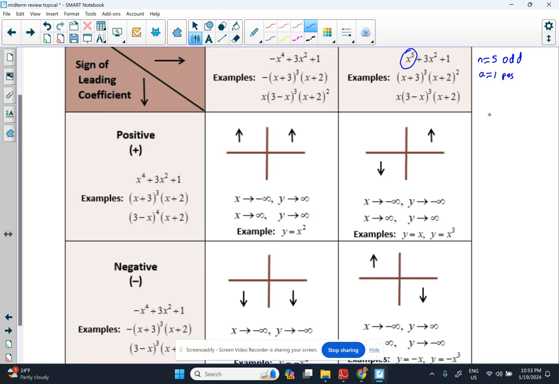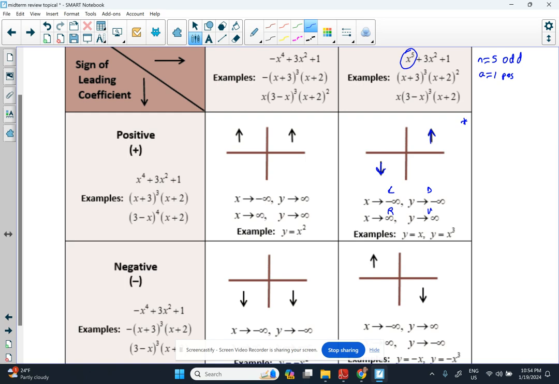So from that, we can determine that the ends of the function are going to go in opposite directions, and the right side is going to go up and the left side is going to go down. In other words, as x approaches negative infinity, as you go to the left, your y values are going down, and as you go to the right, your y values are going up.